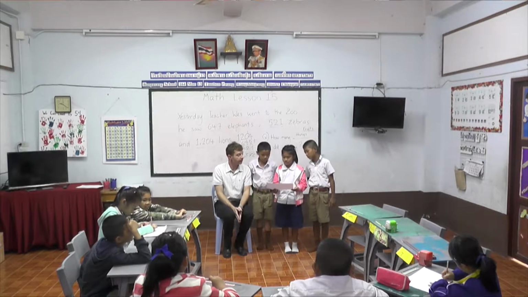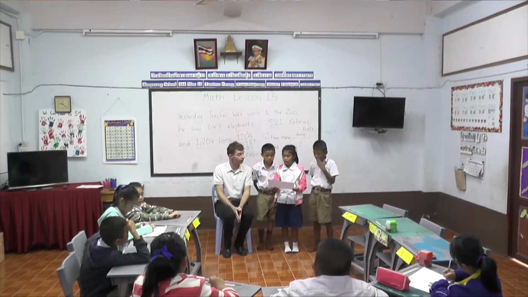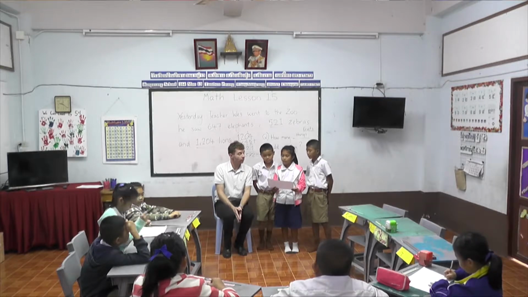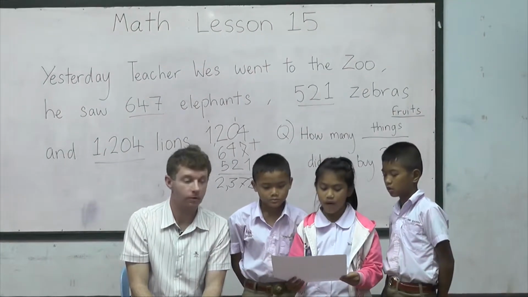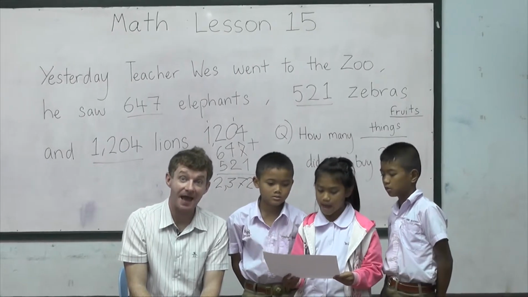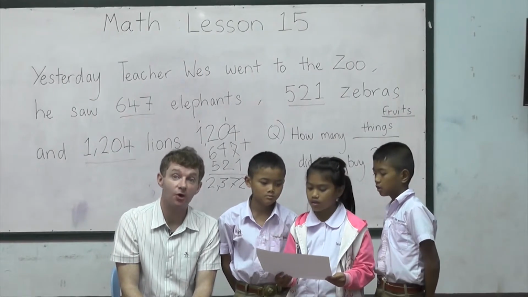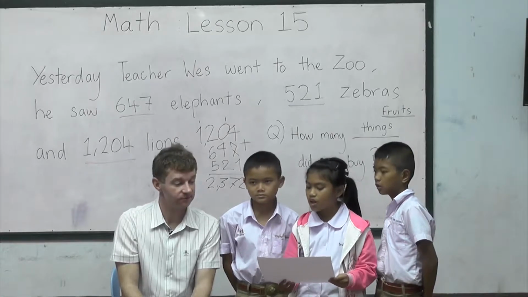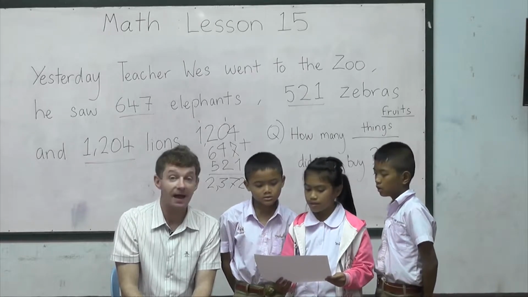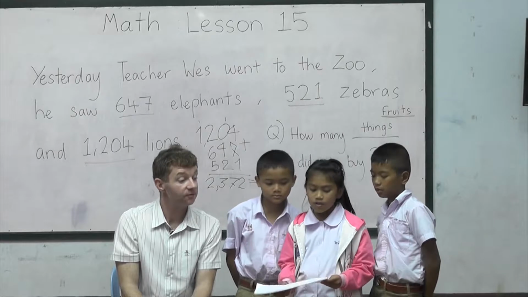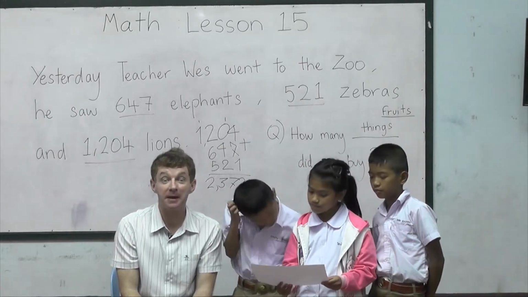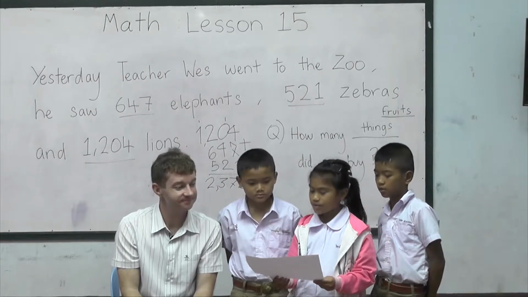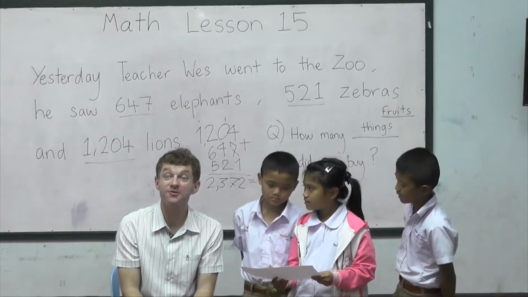Yesterday we went to the shop. We saw 100 dogs, 50 cats, and 30 birds. How many animals did we see? 180.